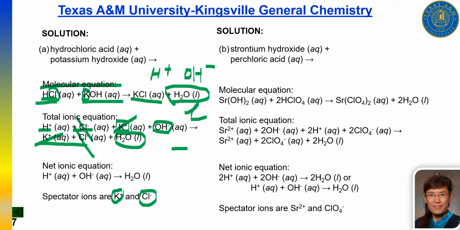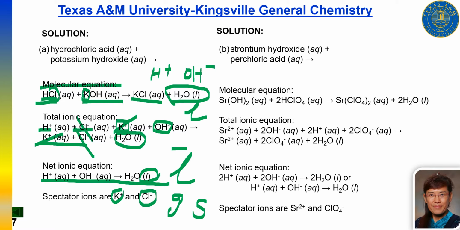So you produce your net ionic equation: hydrogen plus proton aqueous plus hydroxide aqueous produce H2O liquid. Again, I want to emphasize this H2O must be written down as a liquid, not aqueous, not solid, unless it's ice, unless it's steam. So you have gas, which is steam, you have ice, solid. Otherwise, if it's not specified, your water will be liquid.